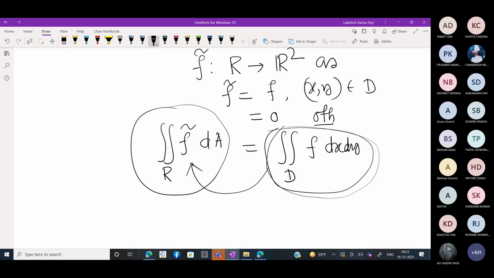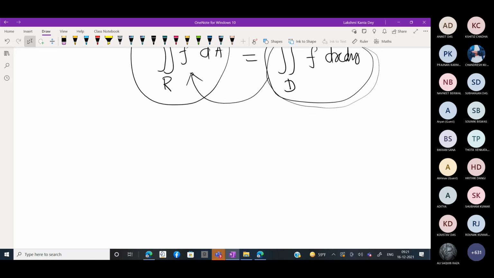Next, I would like to solve one example, in the case of a rectangular region. Example 1.